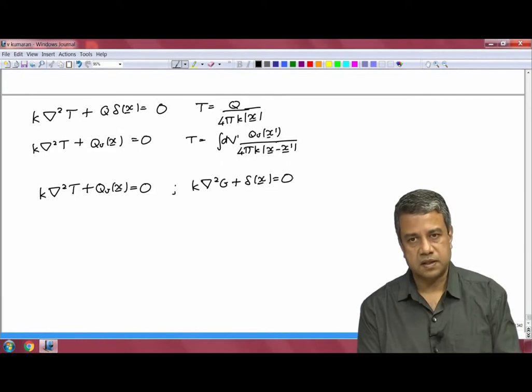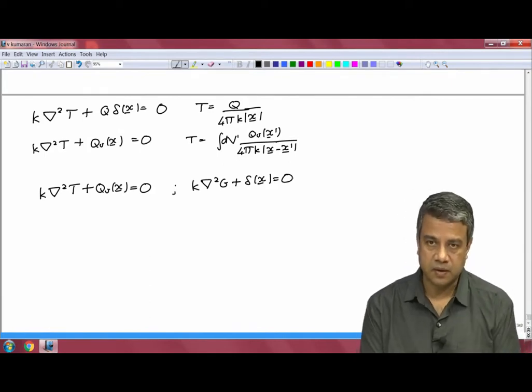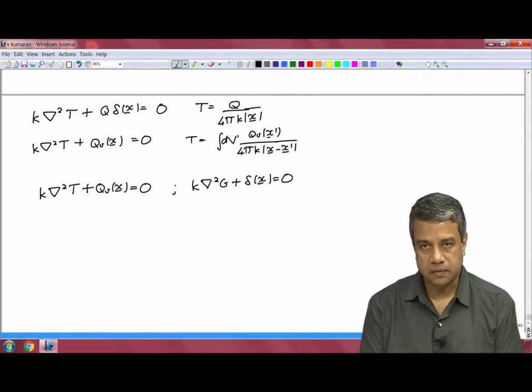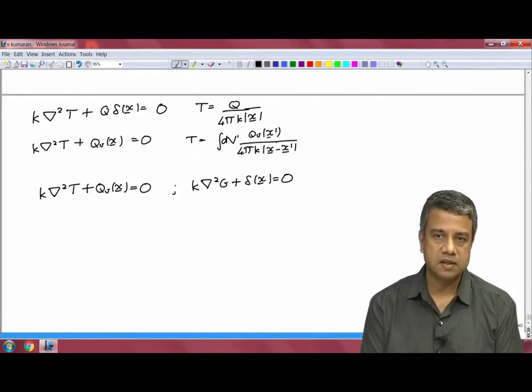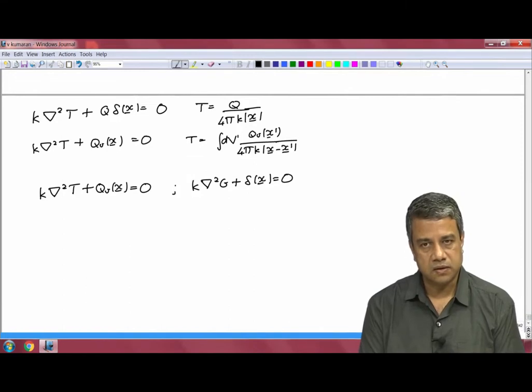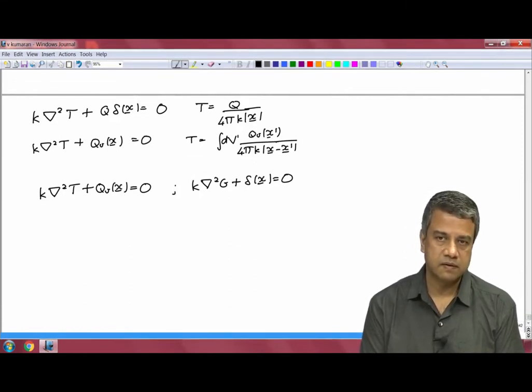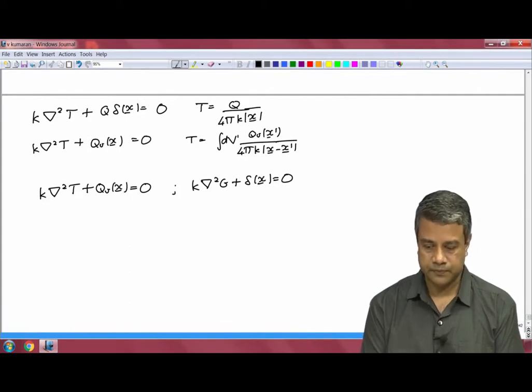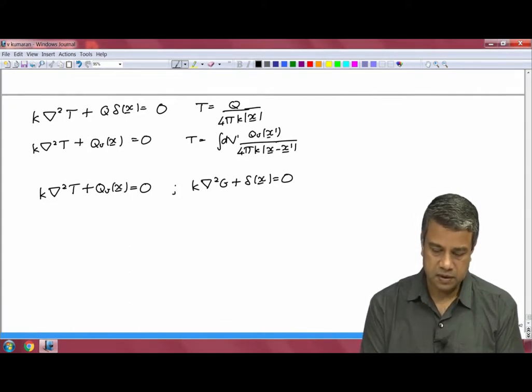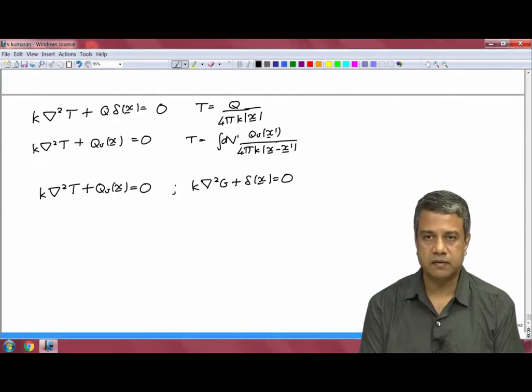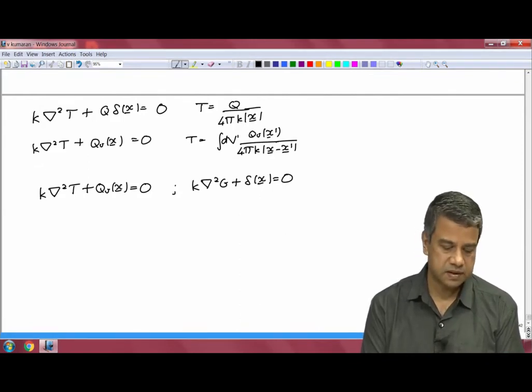This Green's function also satisfies the boundary conditions, which are identical to the boundary conditions that the temperature field has to satisfy. Either constant temperature conditions, which means that the derivative of temperature along the surface is 0, or the zero flux condition, that the derivative of the temperature perpendicular to the surface is equal to 0.